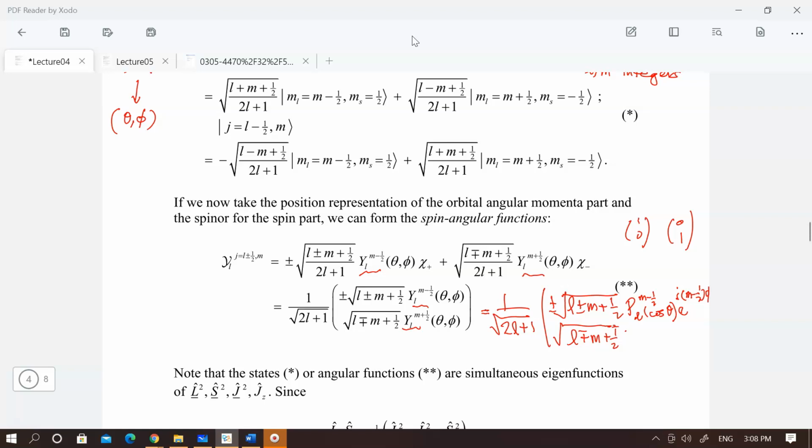So this will be P_L, m plus a half, of cos theta. Cos theta is the argument of the associated Legendre polynomial. And then this is exponential i, m plus a half, phi.